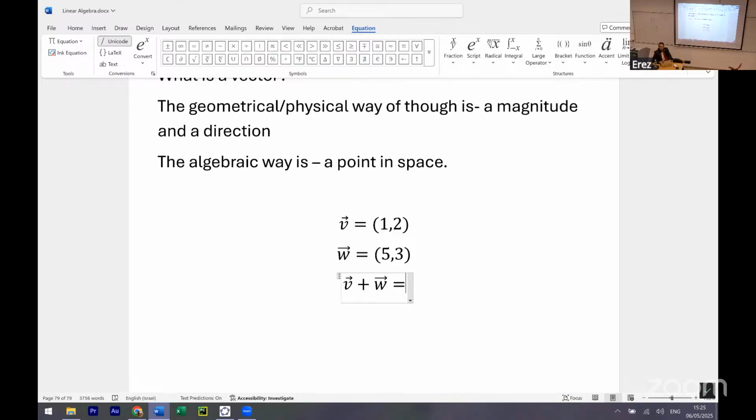What is the sum of these two vectors? 6, 5. Agreed by everyone? How did you calculate it? Geometrically, physically, or algebraically? I just turned everything into matrices and it made sense. It is neither the right answer nor helpful.